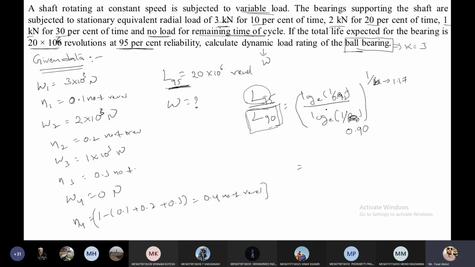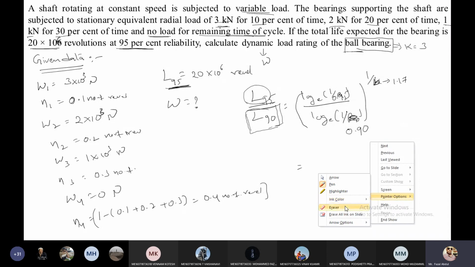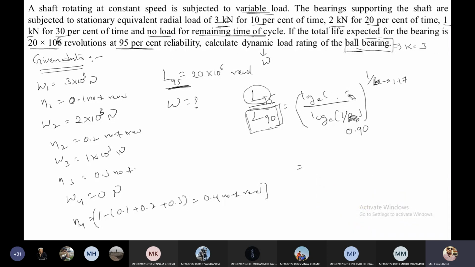So again I am writing clearly: 1 by 0.95 over 1 by 0.90, power 1 by 1.17.